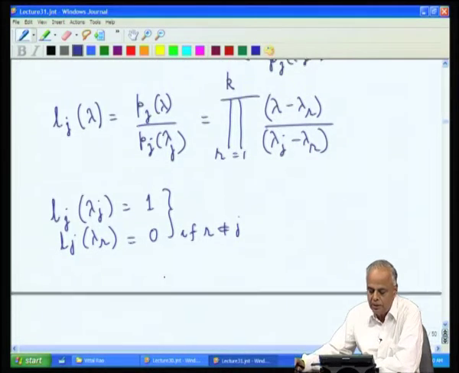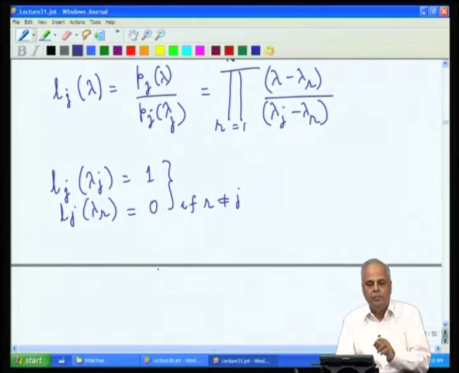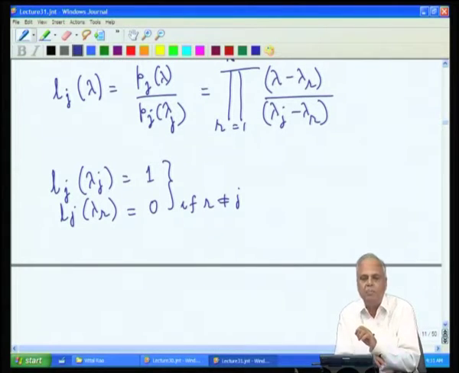So, in other words, this L j is a polynomial. If you keep moving along lambda 1, lambda 2, up to lambda k, it lights up at lambda j and takes the value 1, and it is dormant at the other lambdas: 0 at lambda 1, 0 at lambda 2, 0 at lambda j minus 1. The moment you hit lambda j, it peaks up to 1; again at lambda j plus 1 it goes to 0, at lambda j plus 2 it is 0, at lambda k it is 0.